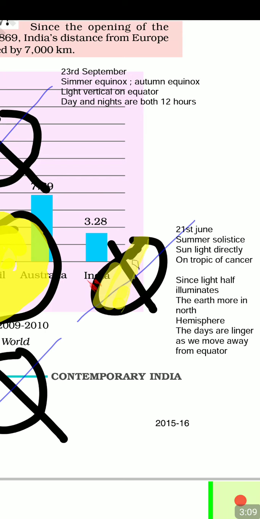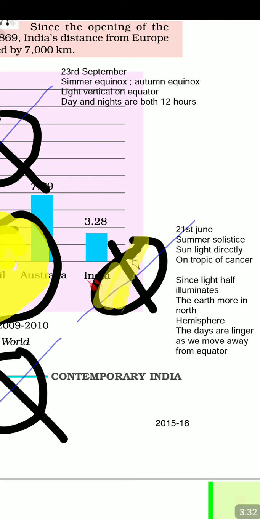So 21st June is the summer solstice, right? Sunlight is directly on the Tropic of Cancer, right? Very importantly, sunlight is directly on Tropic of Cancer, and since light illuminates the earth more in the north hemisphere, the days are longer as we move away from the equator, right?